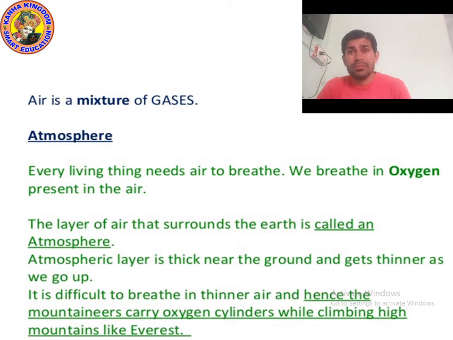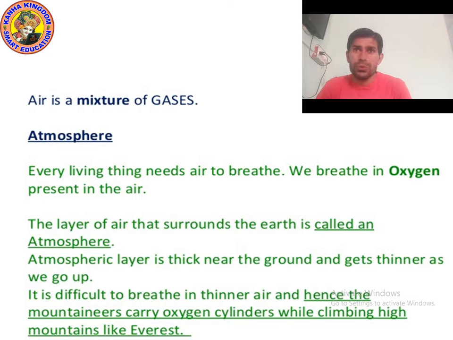Why? Because as we go up, the level of air decreases. That's why they need oxygen, and that's why they carry the oxygen cylinder. I hope that you understood.